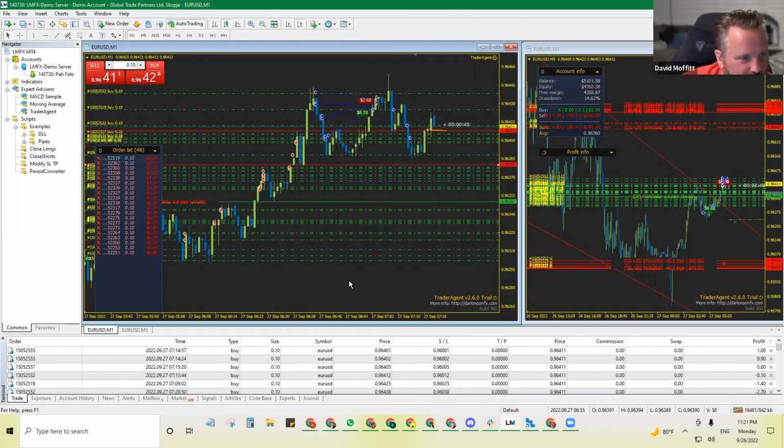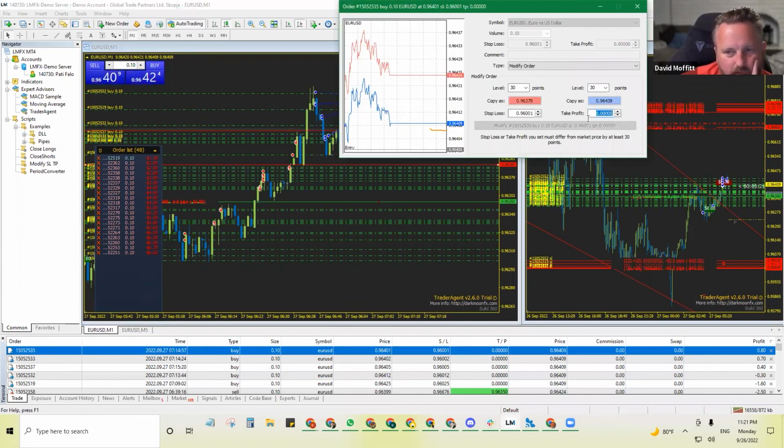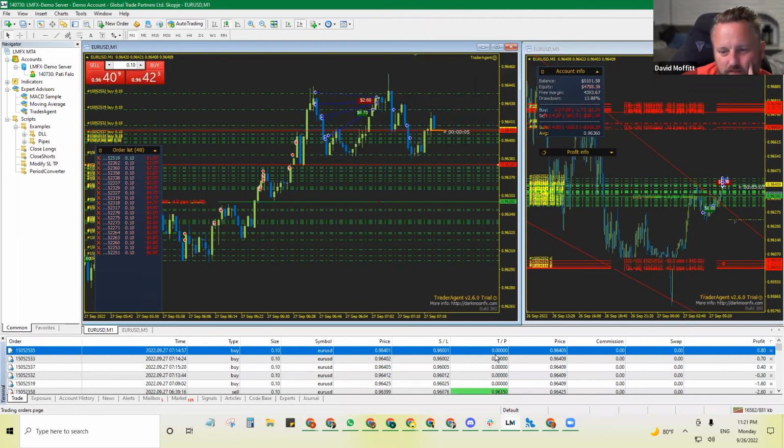But let's put our buys at a price of... okay. Start going into your take profit. So you double click on the take profit and put it at 0.96490 and then copy that.